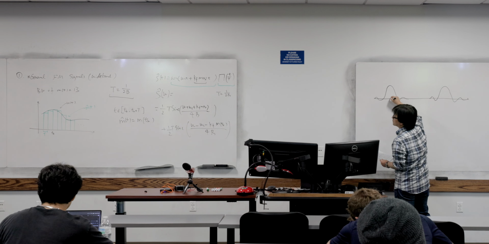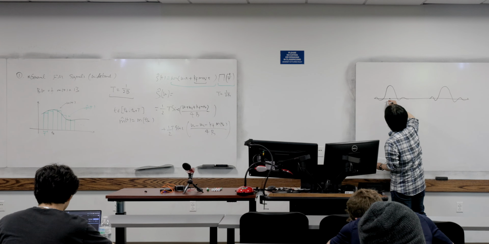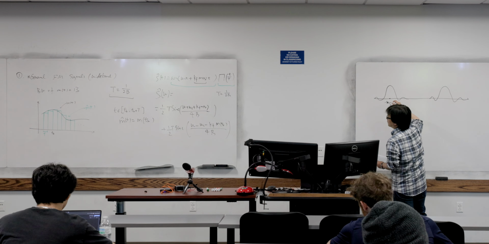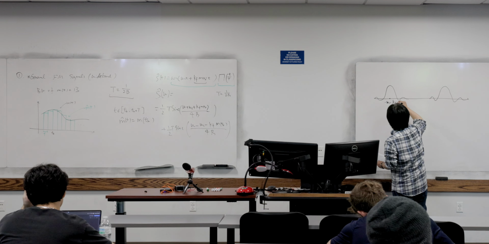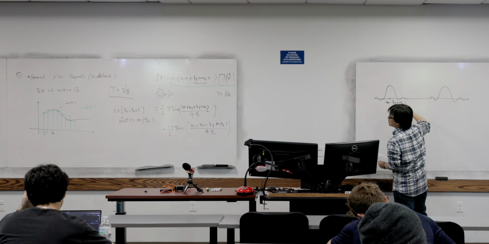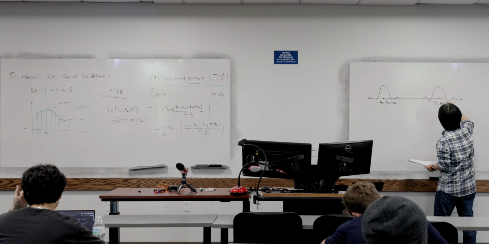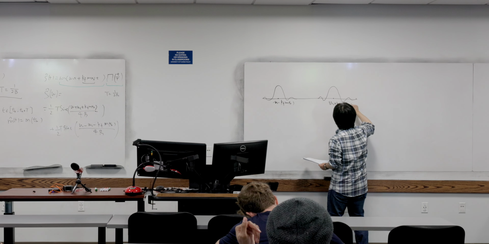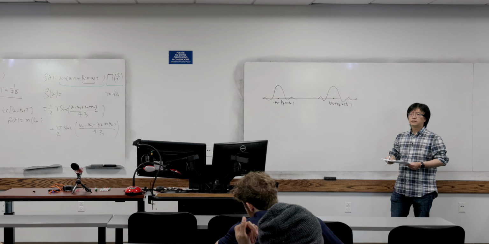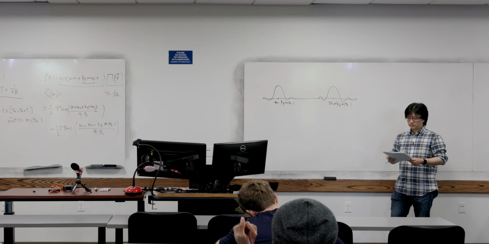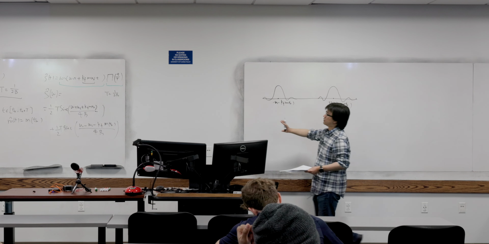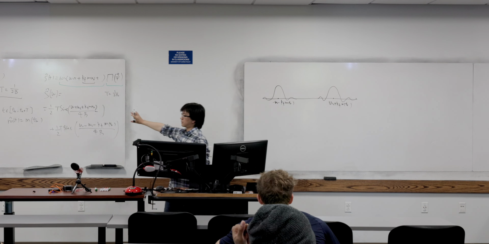The frequency component here is minus omega c minus k f m t k, and here is omega c plus k f m t k. Those are the two frequency components for this signal exactly.